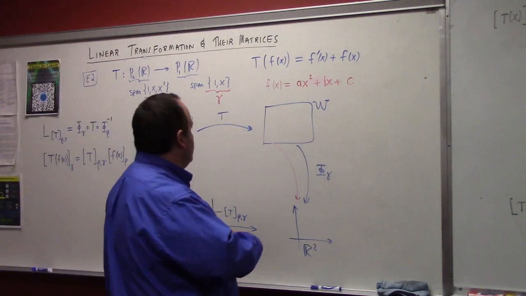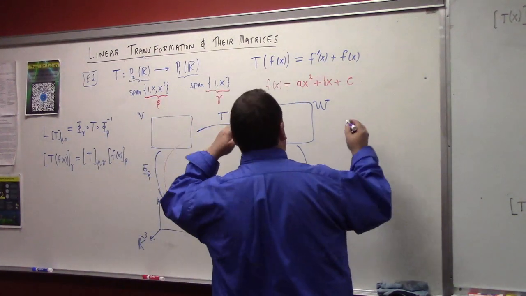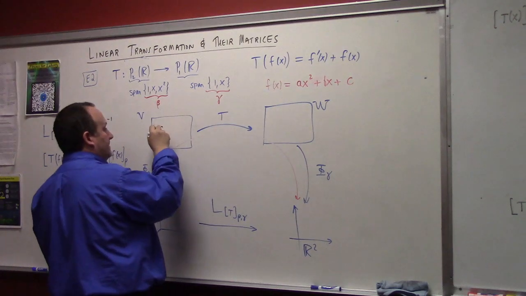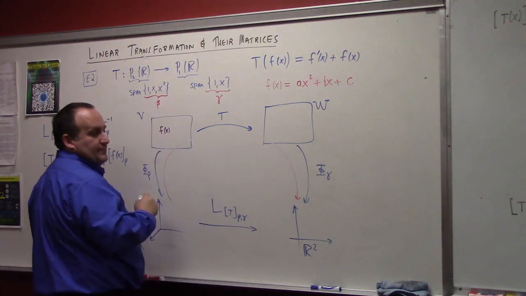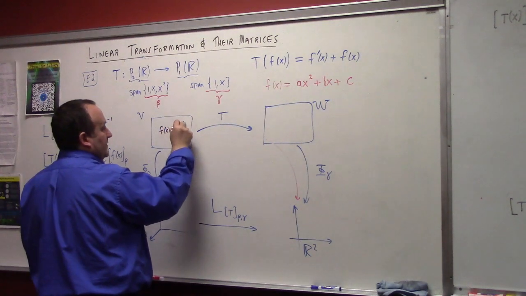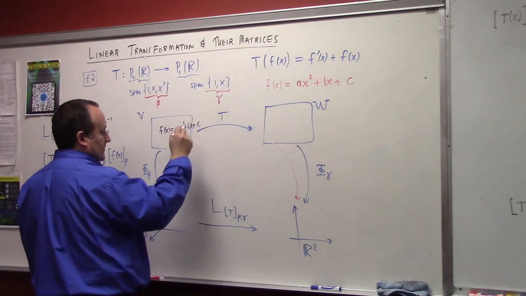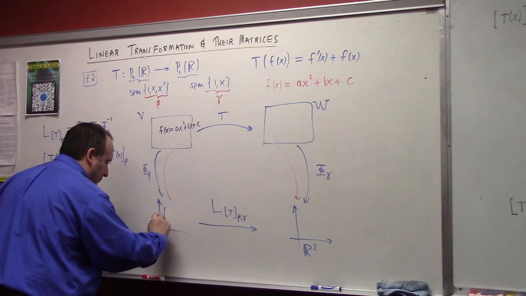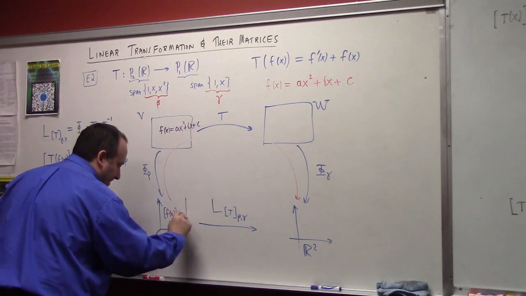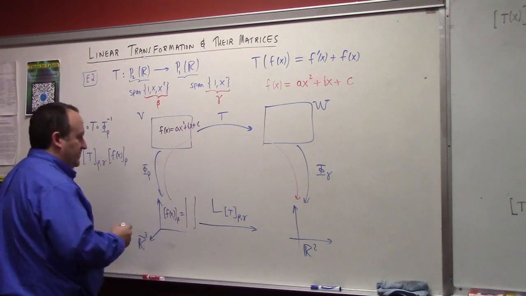All right, so here, what is T? So this is my f of x here, equal to ax squared plus bx plus c, right? So what's the coordinate vector of f of x down here? We can do that much before we do anything else.